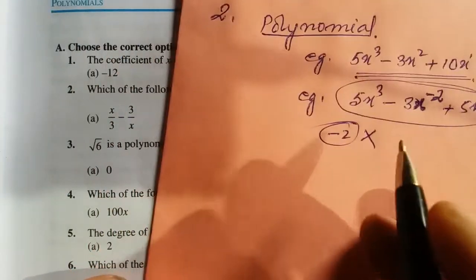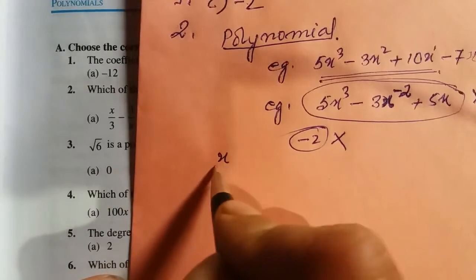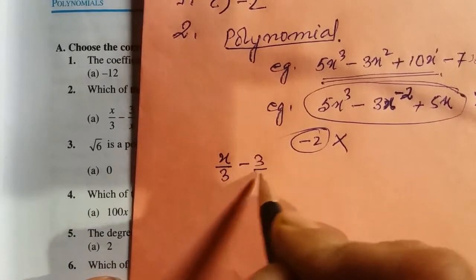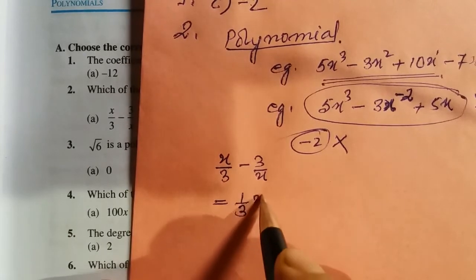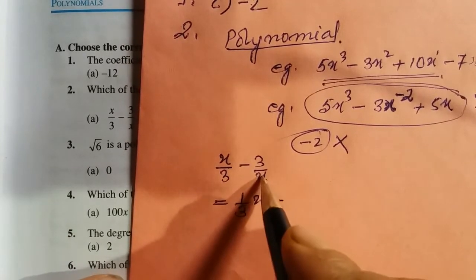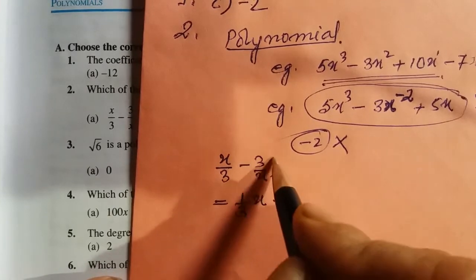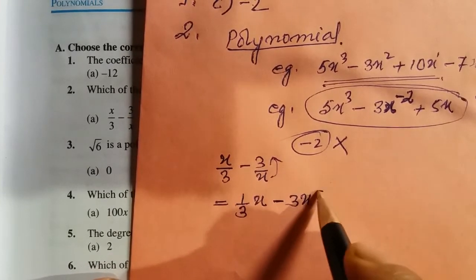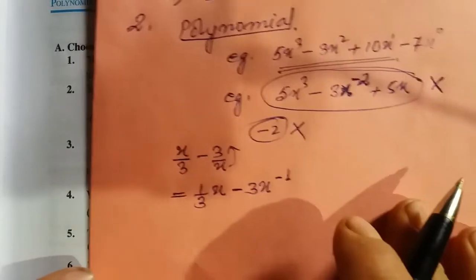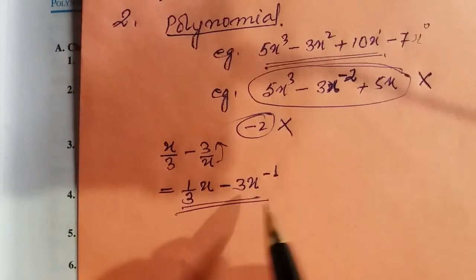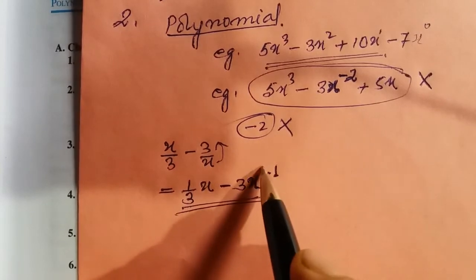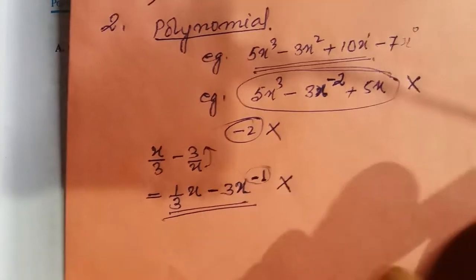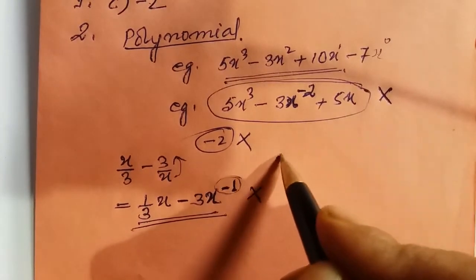If you want to write it in standard form, x by 3 is 1 by 3 x, and minus 3 by x, if you bring x up, is written as minus 3 x to the power minus 1. So here the power minus 1 is not a whole number.